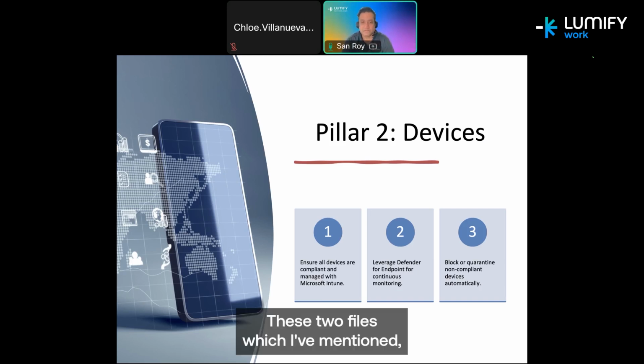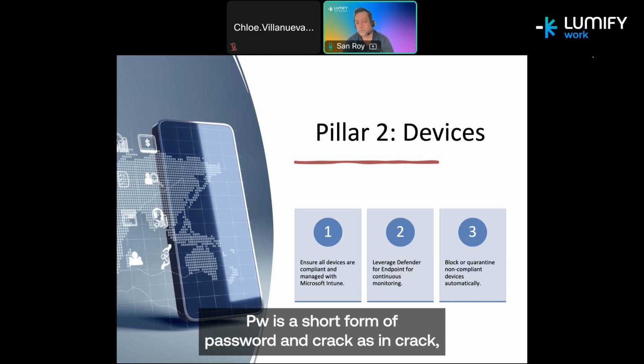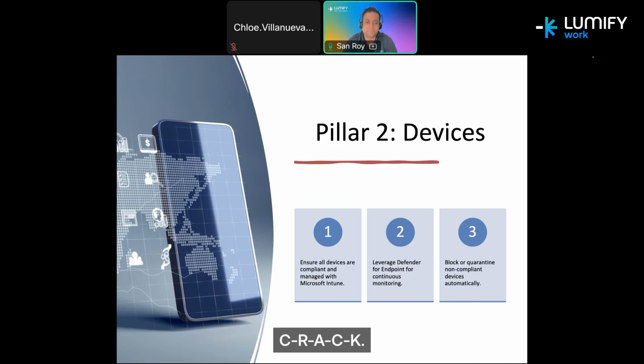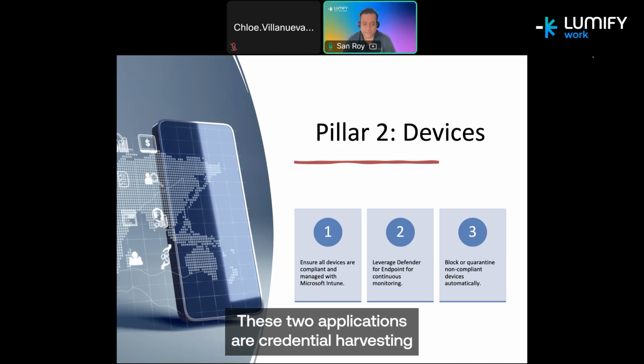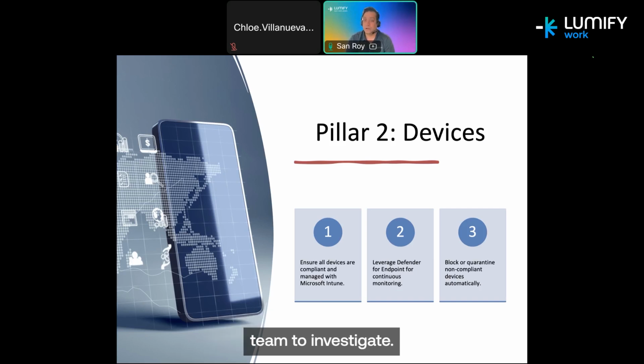These two files I've mentioned are Mimikatz and PW crack. PW is a short form of password, and crack as in C-R-A-C-K. These two applications are credential harvesting applications, password theft tools. The moment suspicious files having suspicious signatures get detected on one endpoint, an alert immediately gets generated for the SOC team to investigate.